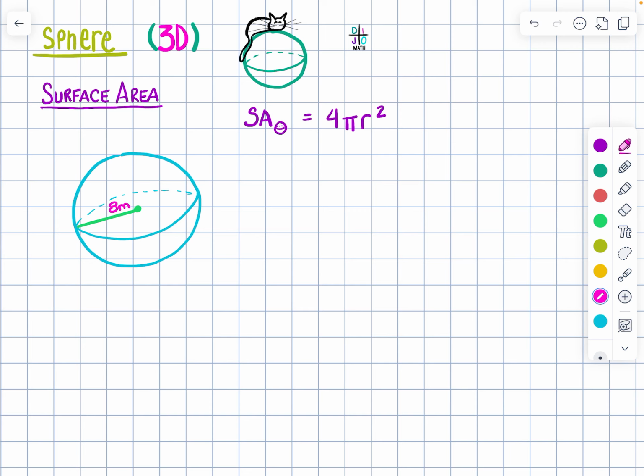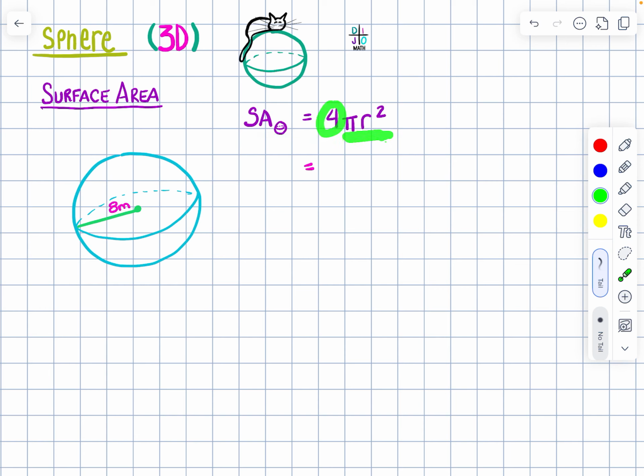All right, and we're doing just the surface area, so just that area on the outside of this sphere. Now, if you notice, the formula for the surface area of a sphere is 4 times pi r squared.